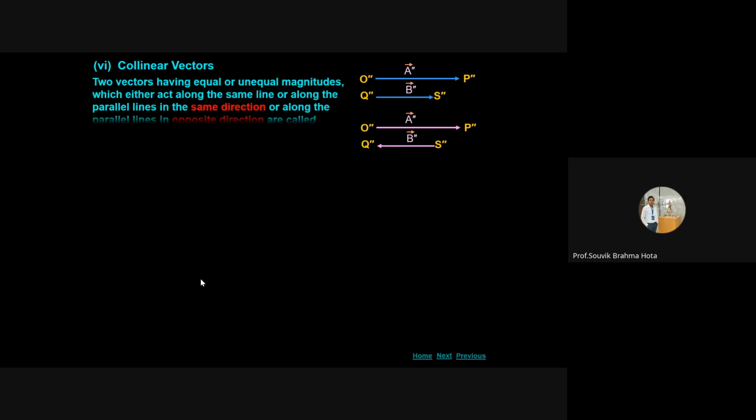Now collinear. O'' P'' is a vector A'', and Q'' S'' is also a vector B. You see, in the first case, both of them have the same direction. In the second case, they have different directions.